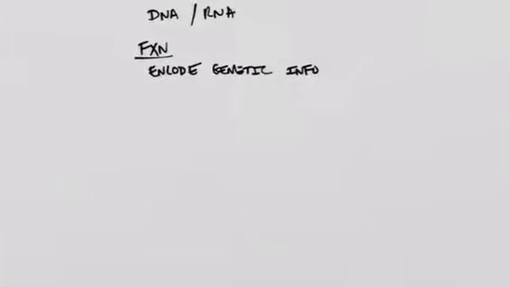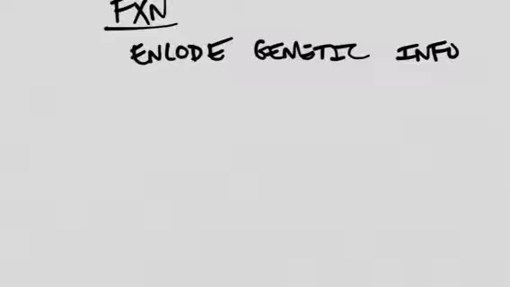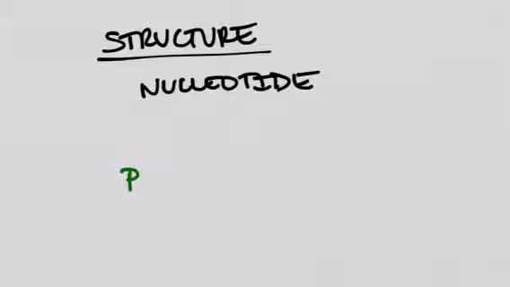So actually I'm going to put this under, let's make a new heading, call it structure. So a nucleotide is going to be the basic building block of our nucleic acids. And the structure of a nucleotide looks like this. It has a phosphate group, which I'm going to put in green, P, right here.